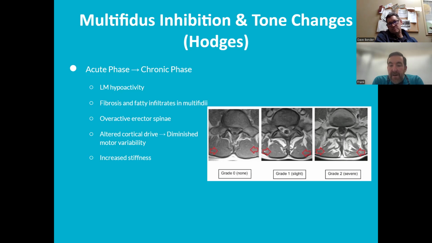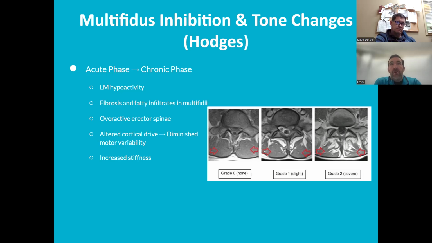You can see on this picture fatty tissue in the bulk of the erector spinae and the multifidus, which is then going to feed forward, and the erector spinae are going to be overactive, and then your cortical drive is going to decrease. So that gets into that diminished motor variability we talked about a minute ago.